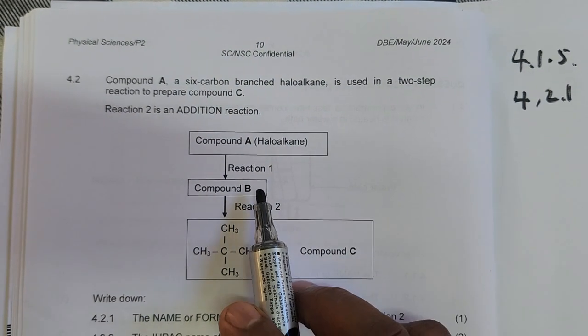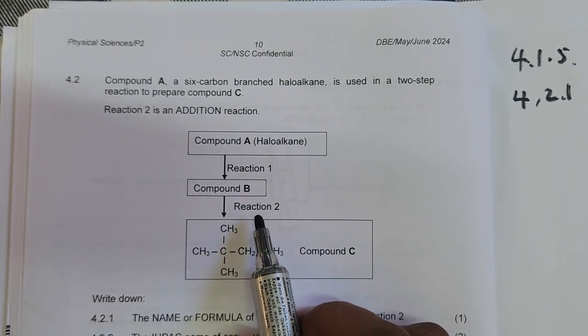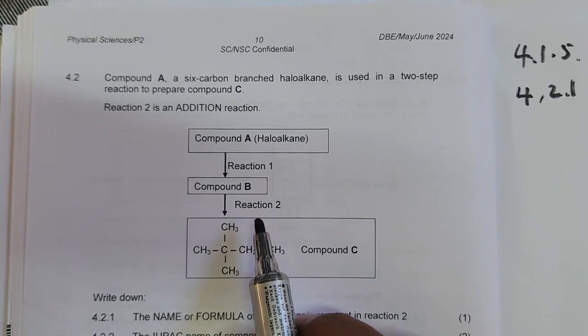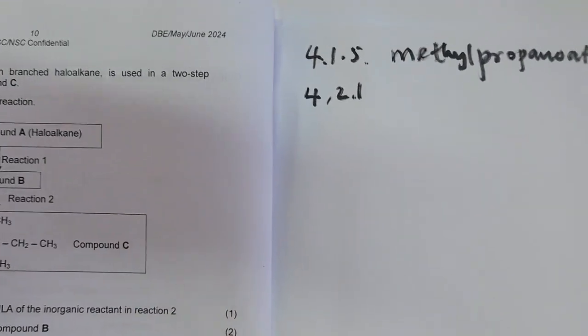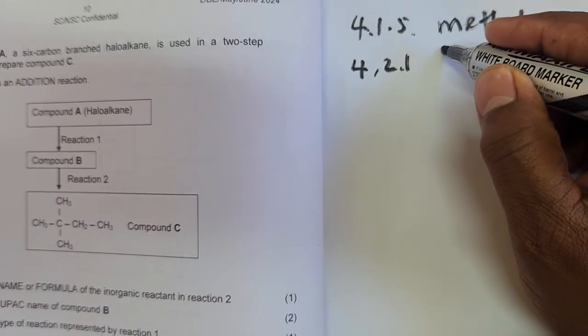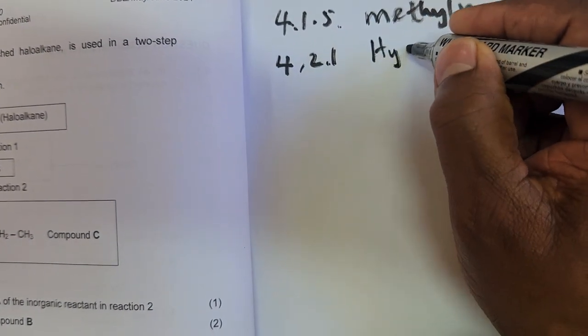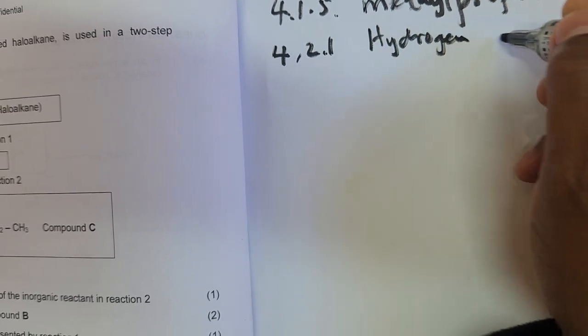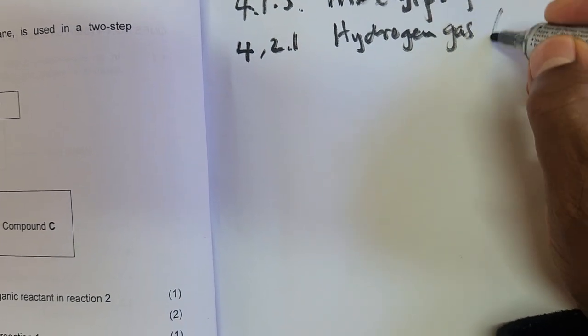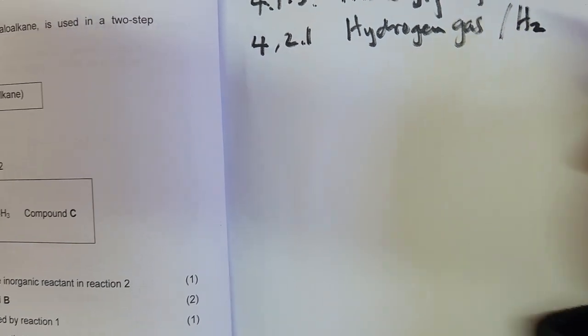If this one is an alkene, now we react with something, then form an alkane. C is an alkane, therefore this will require hydrogen. Therefore, you either write hydrogen gas, or you write H2. It's fine.